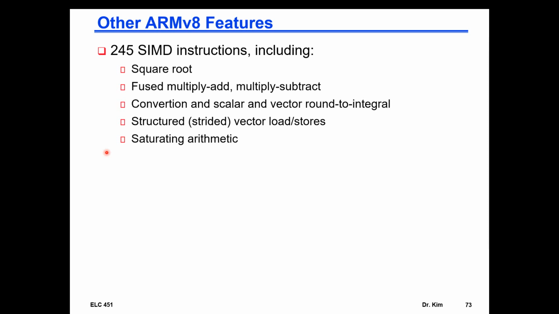And that, as I explained last time, makes sense for data that is going to be consumed by human senses, either vision or hearing. And if you have something too small, then you just saturate it at the lowest value, usually 0. So that's part of the instructions that are more geared towards multimedia processing.